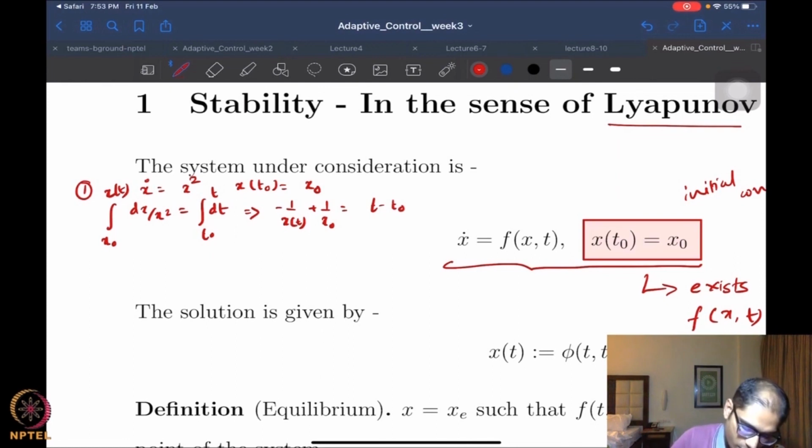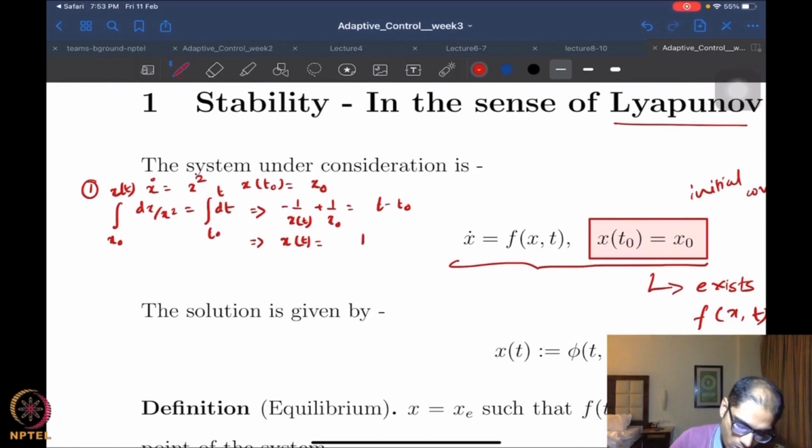If I solve for x(t), let's look at this carefully, this will be 1 over (1 by x0 minus (t minus t0)). I believe this will be the solution.